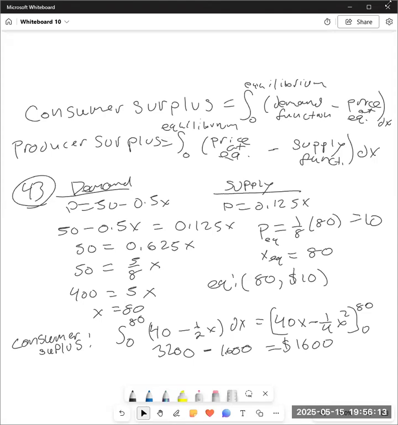And then we're going to have our producer surplus here as well.